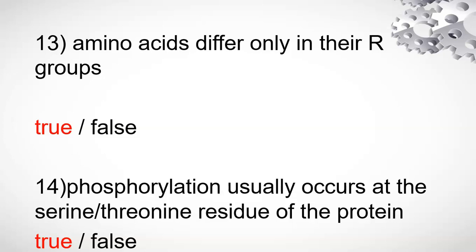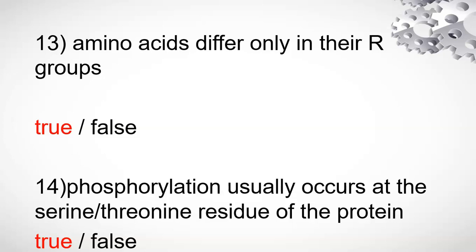The reason is because these three major amino acids contain a hydroxyl group. That is the reason for the phosphorylation. The hydroxyl group can react with the phosphate group to form esters. So the answer to that question is serine, threonine, and tyrosine.